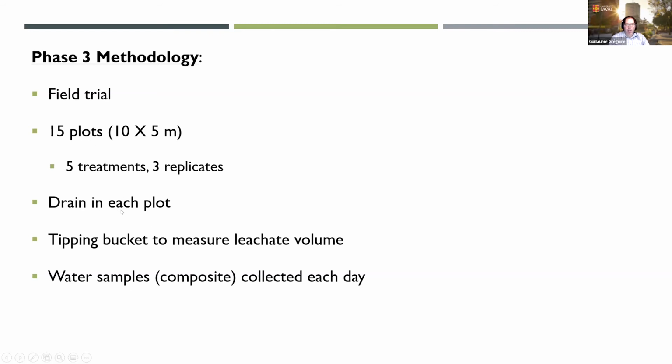There's a drain at the bottom of each plot. I'm going to show you some pictures afterwards. This drain leads to a tipping bucket, which allows us to measure leachate volume whenever there's some rain or we decide to irrigate turfgrass. Water samples are collected each day, and they are a composite sample from the previous day. So it's not in real time, but it's a composite sample for each day.